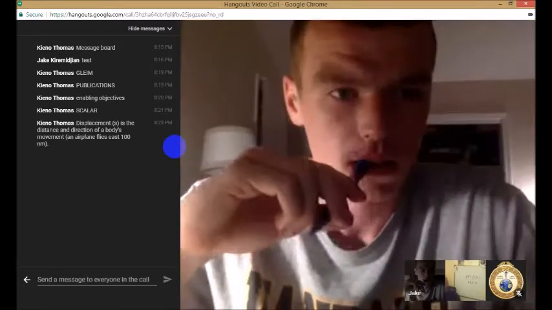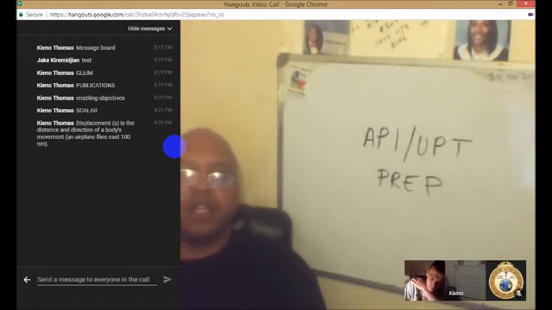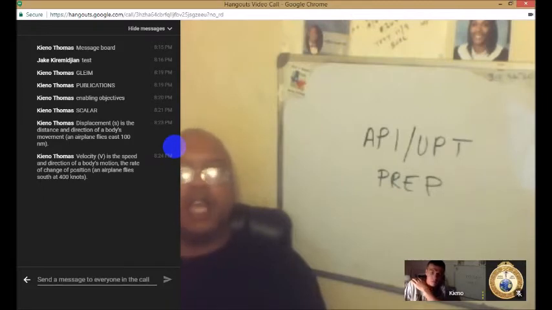Got it. All right. Next thing is velocity. We talked about velocity a little bit, the difference between speed and velocity. Calculating it is the same way. It will be distance divided by time. But the difference between speed equals distance over time, velocity equals distance over time, is velocity will actually have a direction.